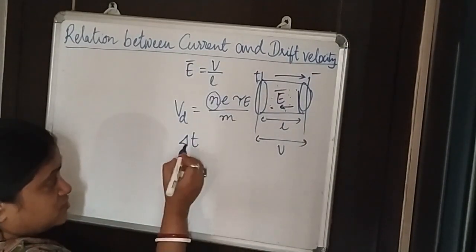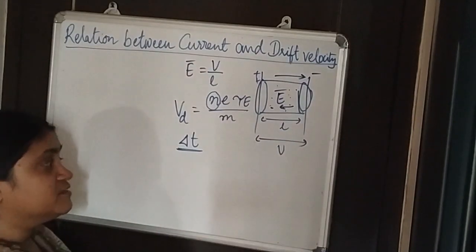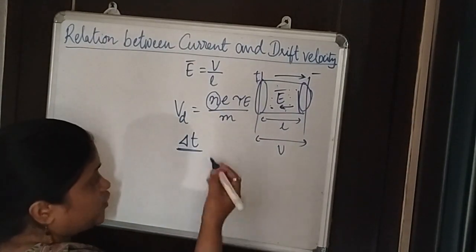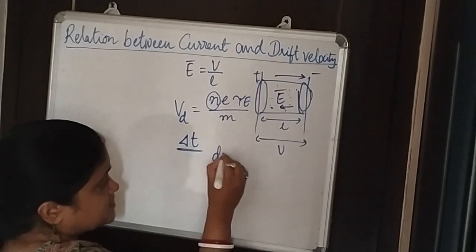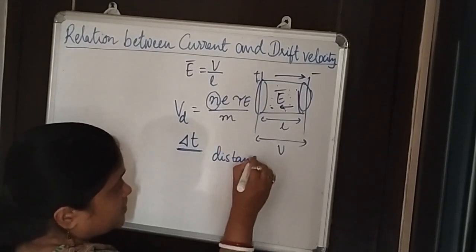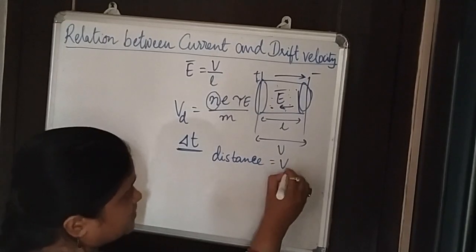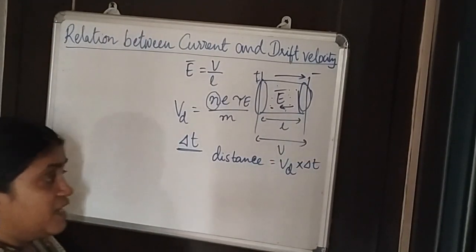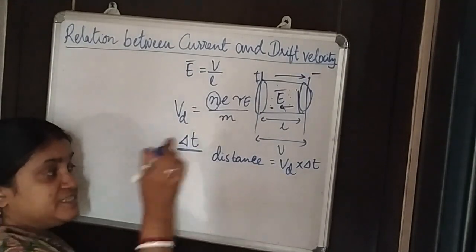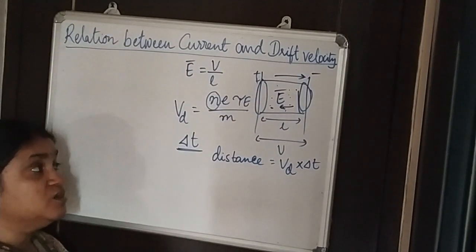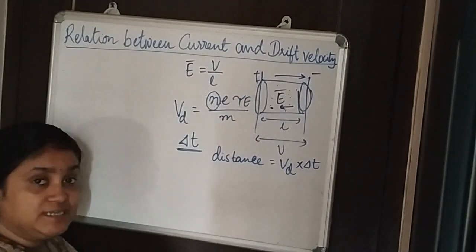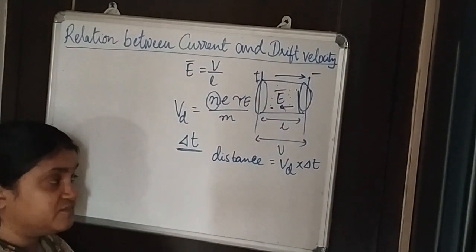Therefore, for a small time interval delta t, the electrons with velocity Vd would have moved a total distance which is velocity into time, which is Vd into del t. This gives the distance travelled when the internal field is set up, with drift velocity Vd.